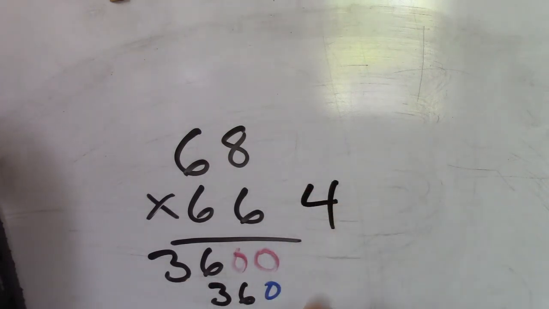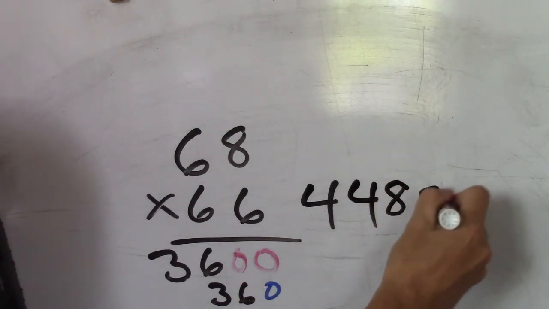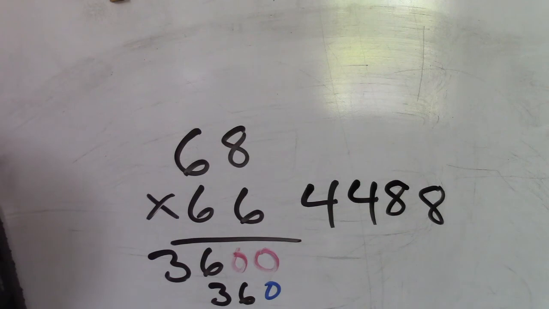So that's a 4. And you're going to have another extra 10 here, right? So that's a 4. And then that would be 8, and that would be 8. That's a kind of fun number, 4488.